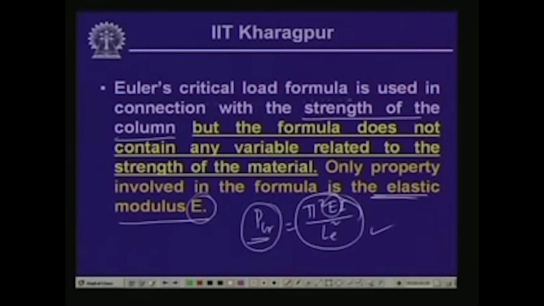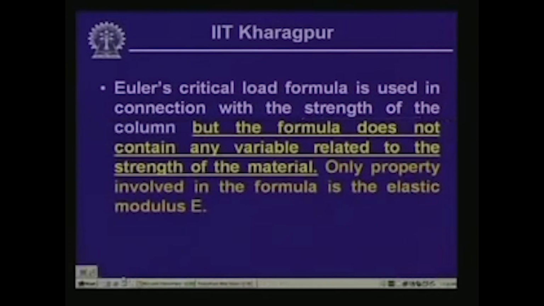You see that Euler's critical load formula is used in connection with the strength of the column, but the formula does not contain any variable related to the strength of the material, and this is very important. The only property involved in this expression is E, the elastic modulus of the material that we are using.